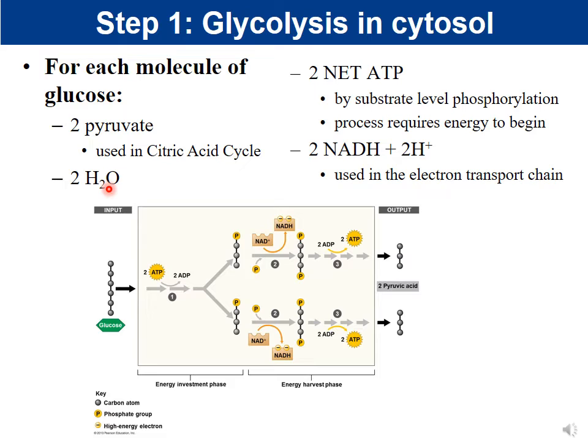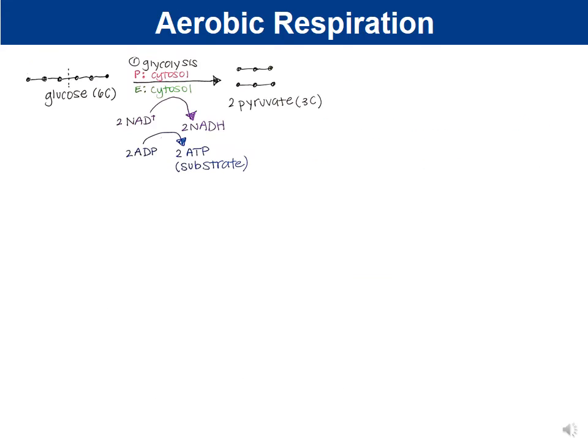In terms of the water, don't worry about that as much. But the products I want you to be aware of are 2 pyruvates, 2 ATP, and 2 NADH. These NADH are going to be used in the electron transport chain. So what I did is, normally in class, I would draw this out.